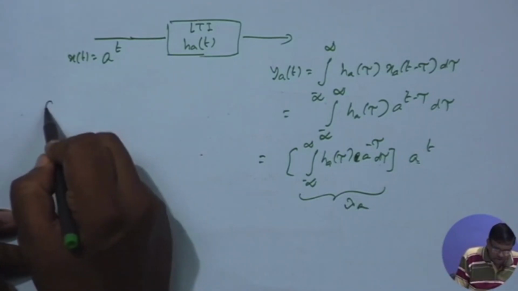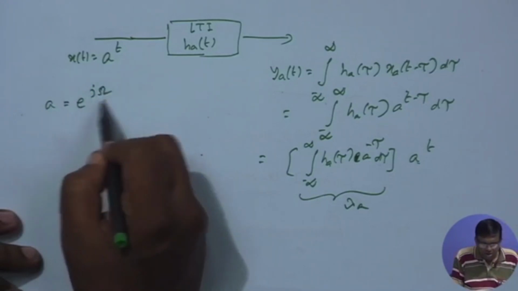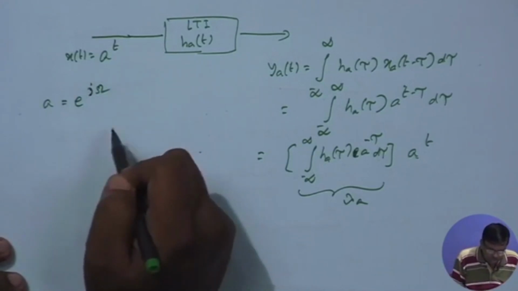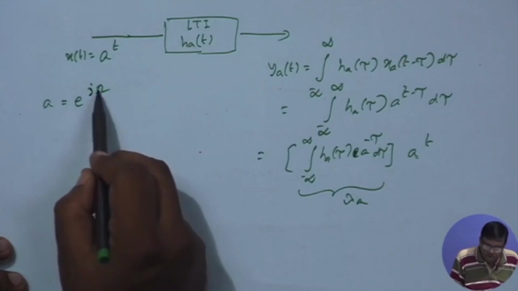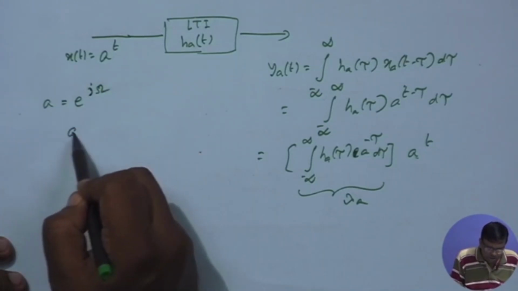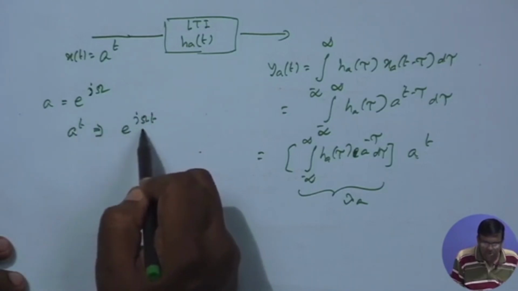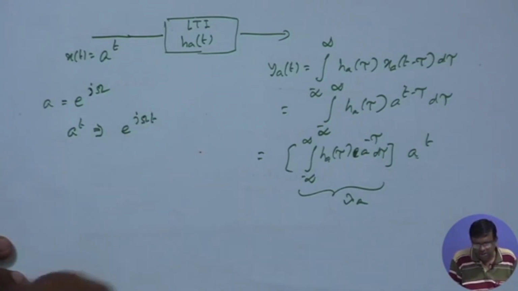A special case is when a is of the form e to the power j capital omega. Omega is actually radian per second, because a to the power j omega t, radian per second into second equals radian. The entire thing has to be an angle, e to the power j theta, theta is radian.